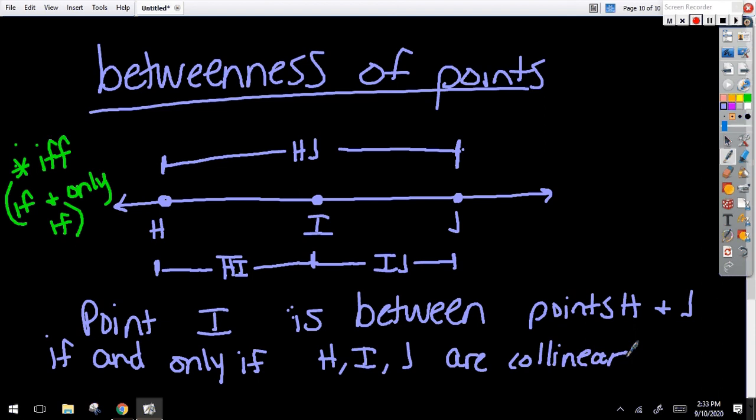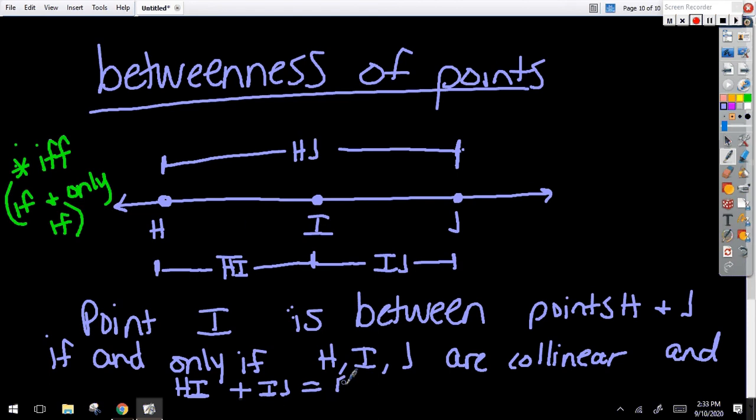So if and only if they are collinear and HI, that's the first little small piece, right, plus IJ, that's the second little small piece, equals the whole thing, right?